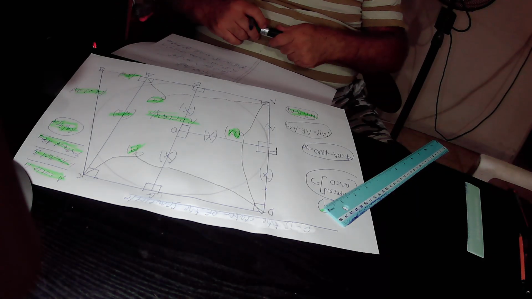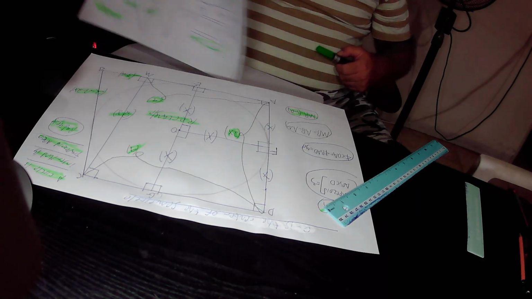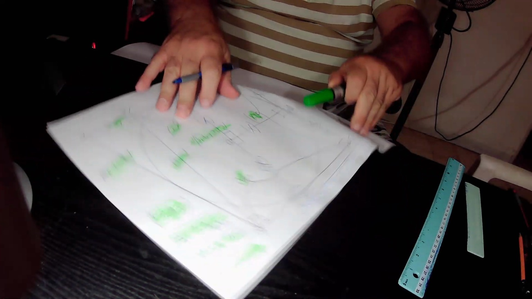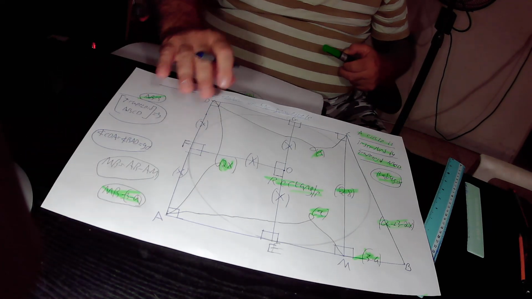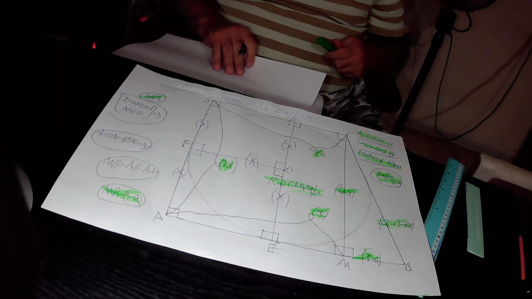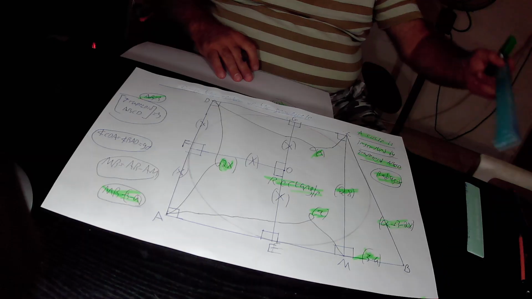In the next step, we'll find out the area of this trapezoid ABCD according to the formula that I presented to you in the beginning of the lecture. So what is the area of trapezoid ABCD?